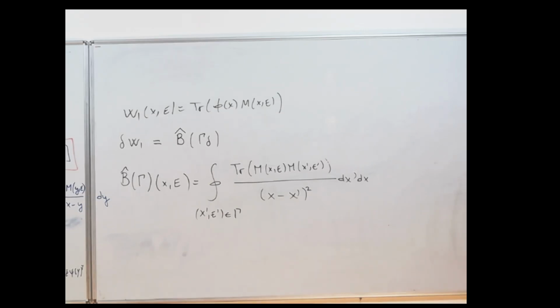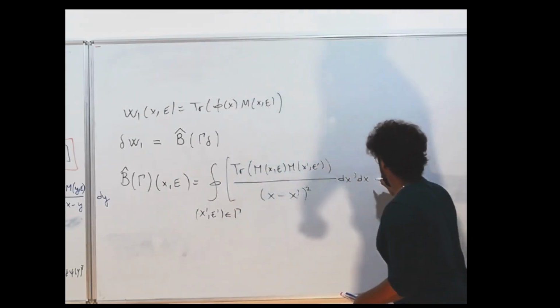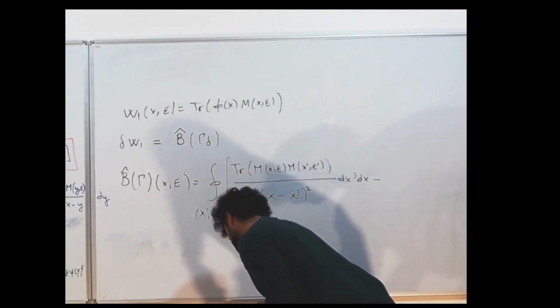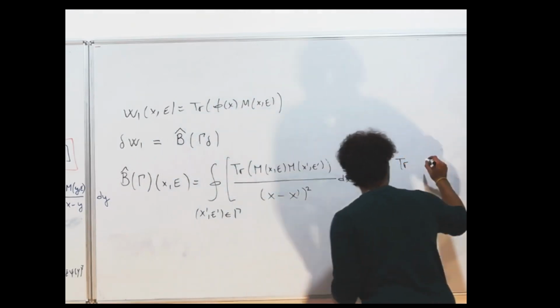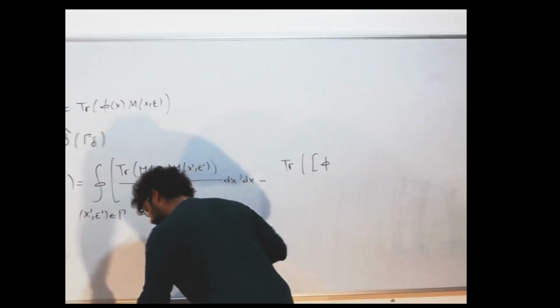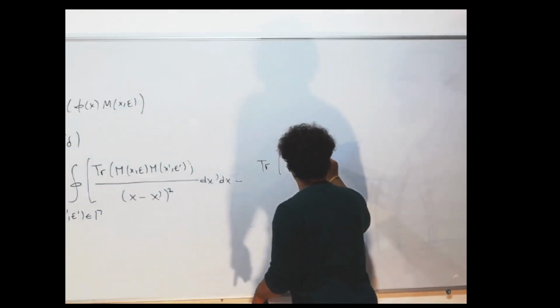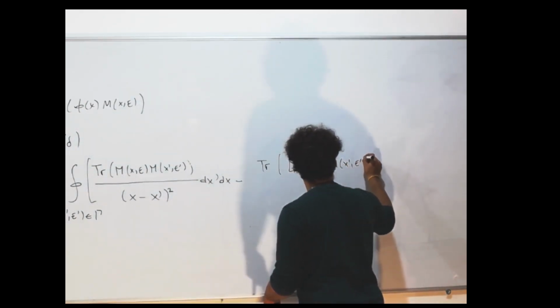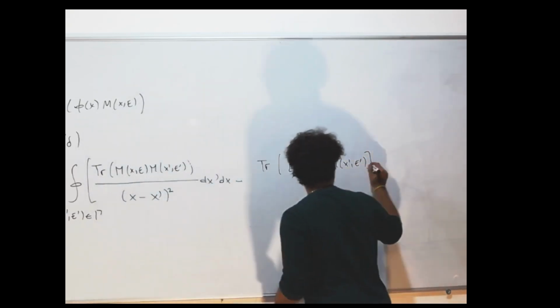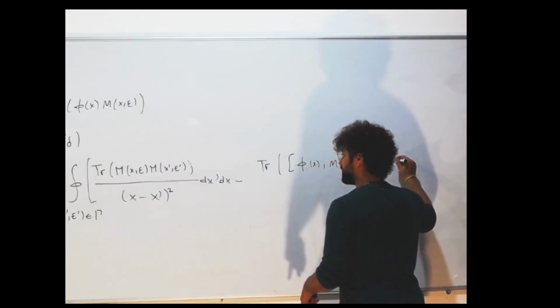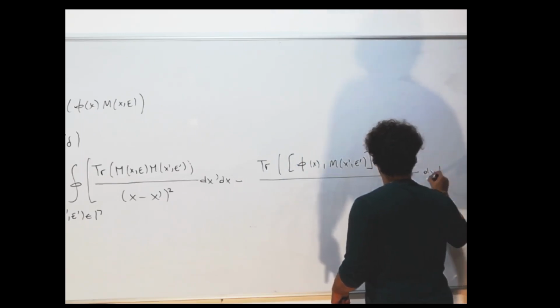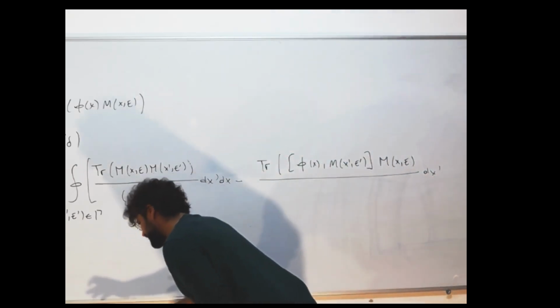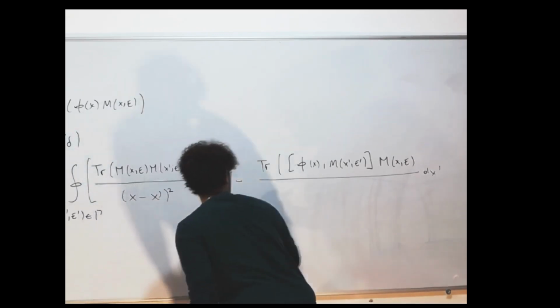And that second term is minus the trace of the commutator of phi of x with m of x prime e prime times m of x comma e, and all of it times dx prime, and divided by, now I have to get this sign right, x prime minus x.